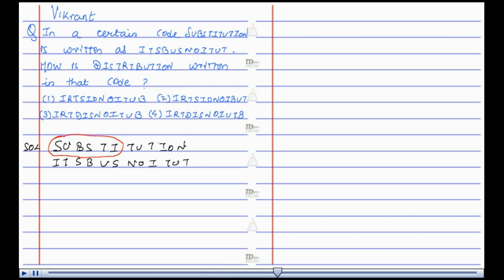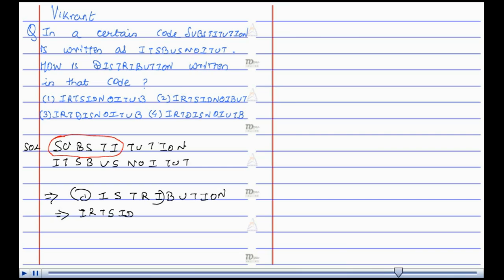Similarly, when the next 6 letters, they are again reversed, that is NOITUT. So this logic will again be used with distribution. The first 6 letters, that is DISTRI, are reversed, that is IRTSID.